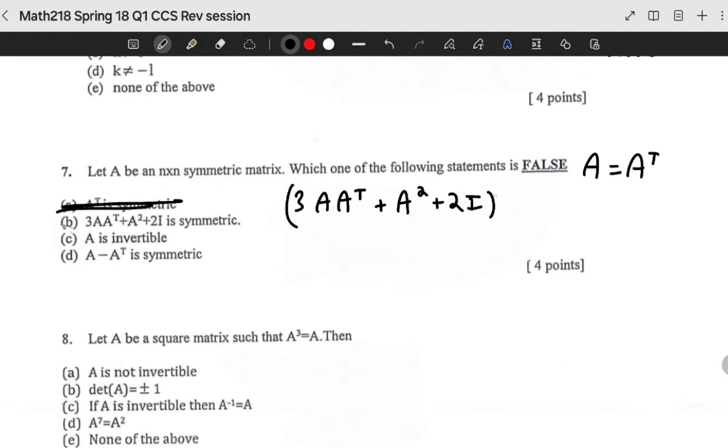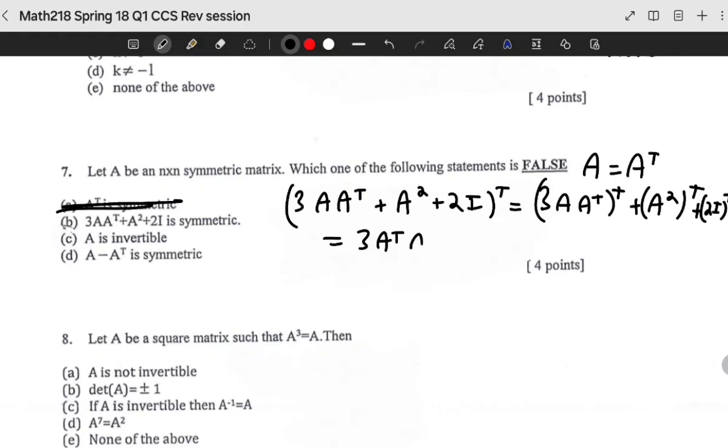So if I transpose this entire thing, does it stay the same? I'm allowed to distribute the transpose. So this would be 3A A transpose all transpose plus A squared transpose plus 2I transpose. This would be equal to 3 A transpose transpose. The constant is okay to take out when we have a transpose, and then I'm distributing the transpose on these two matrices, so I have to flip them.